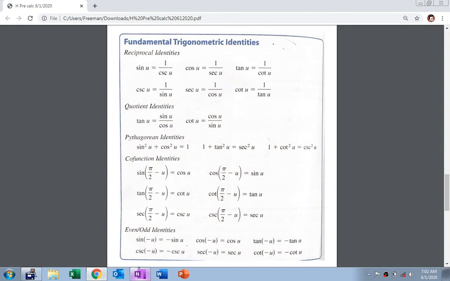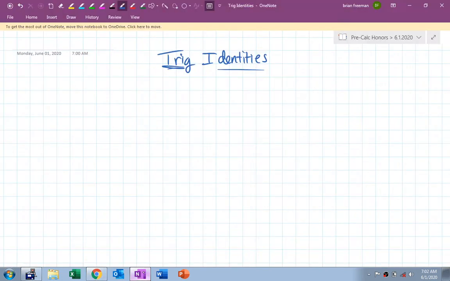So let's jump into this. The first thing it's going to say is proving identities or verifying the identity.